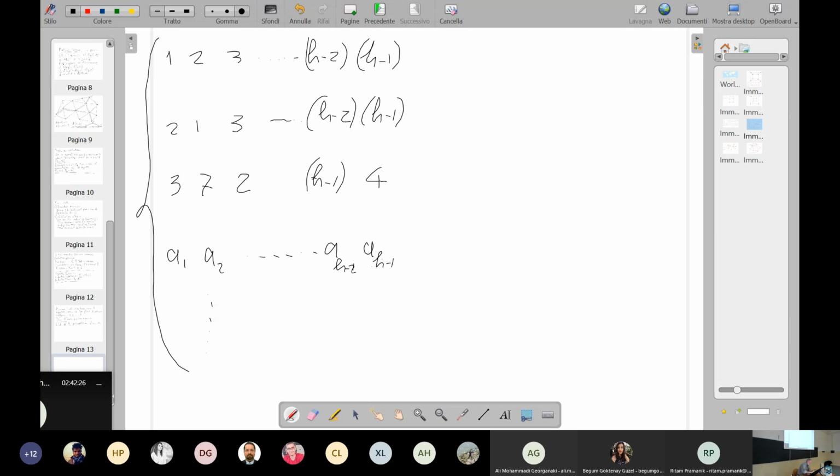And how many are there of these? The number of these we have said we call p of h minus 1. Sorry, I want it to be very clear. They are in a certain number, which I call p of h minus 1.